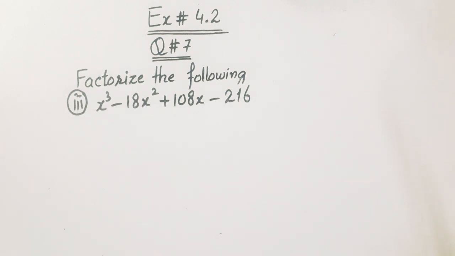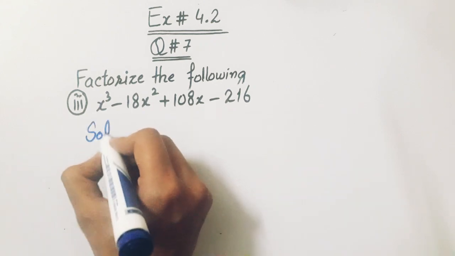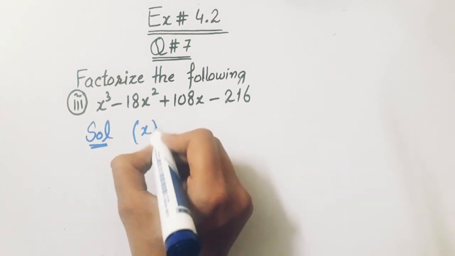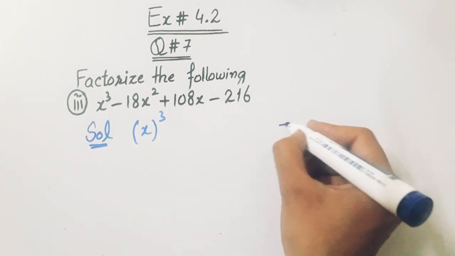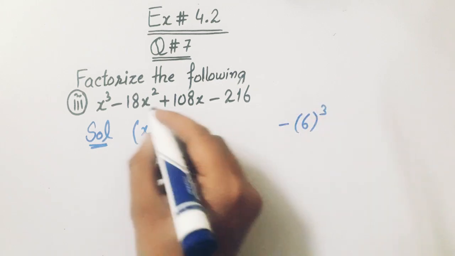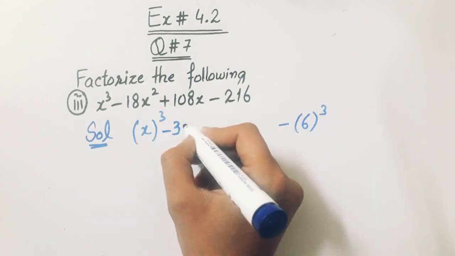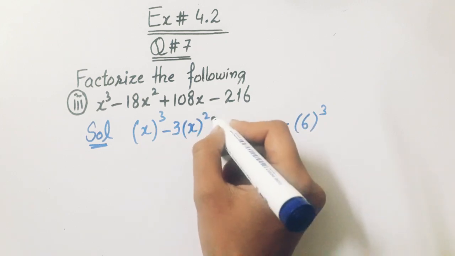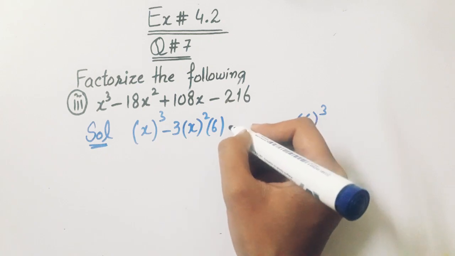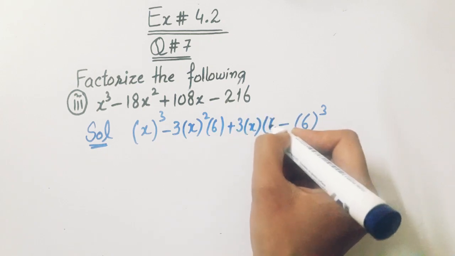Now we will solve part 3, that is x cube minus 18x square plus 108x minus 216. x cube can be written as x whole cube and 216 is the cube of 6, and minus 18x square can be written as minus 3 into x square and 6, and 108x can be written as 3 into x into 36, or 6 square.